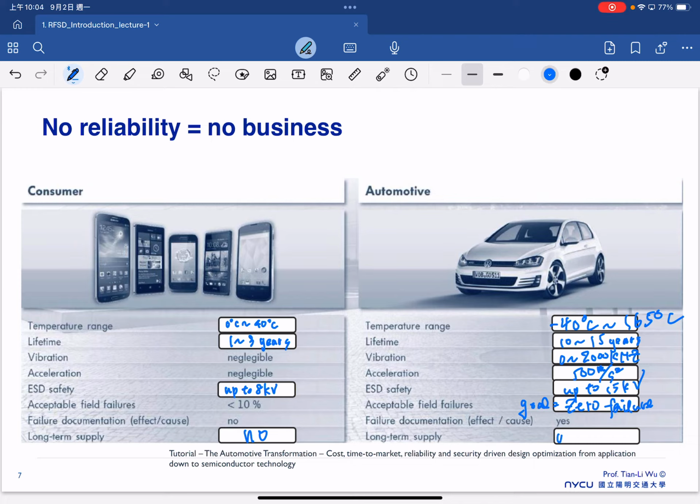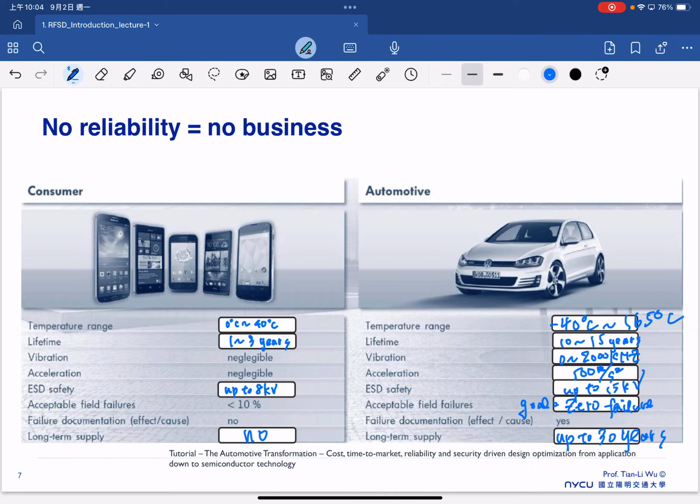Right now, you can drive a car for up to 30 years. If you drive your parents' car, which has probably been on the road for 20 years, you can go back to the store and they still can help you fix it. They can still order the component. If you drive a 50 or 60 year old car, some very classic one, for example, like a Porsche 911 or whatever, you can still go to the store and they can help you fix it, even though the car has been on the road for more than 50 years.